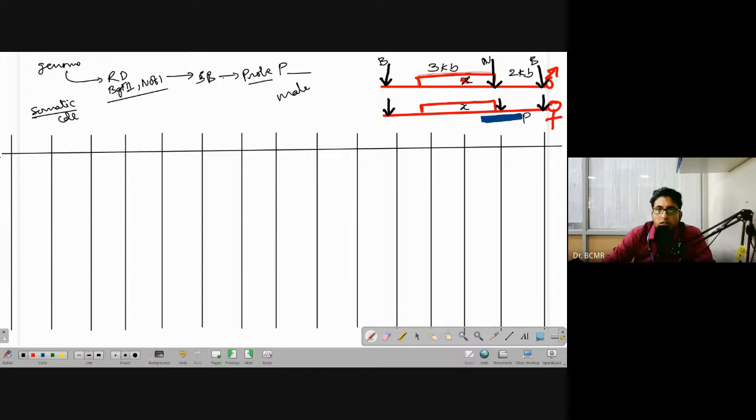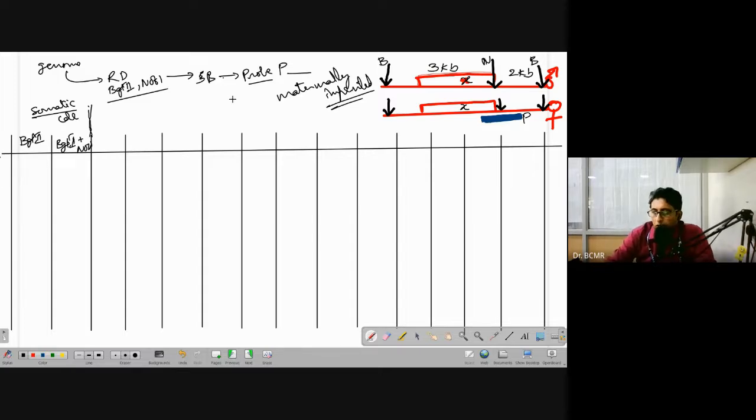So that is another piece of information you would need. We have taken DNA from the somatic cell and digested it with BGL2 in one reaction, and with BGL2 plus NOT1 in another reaction.